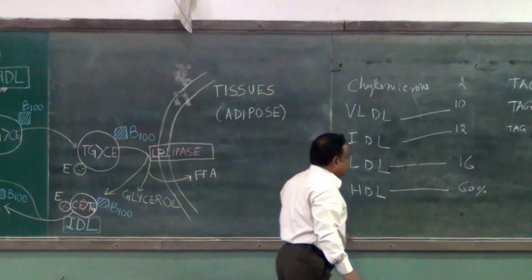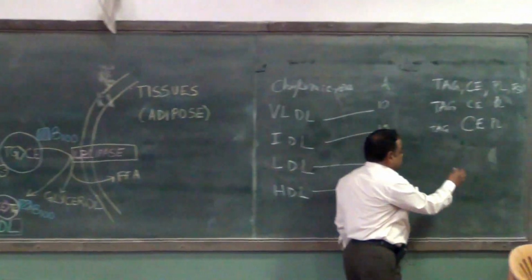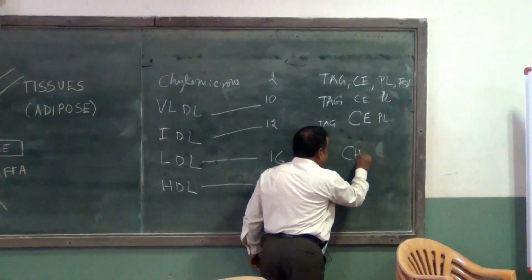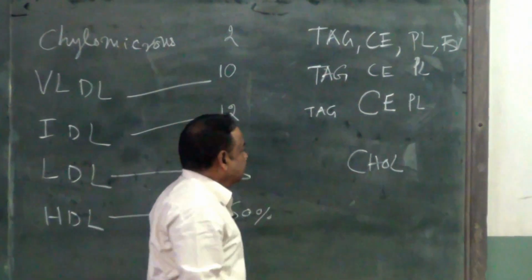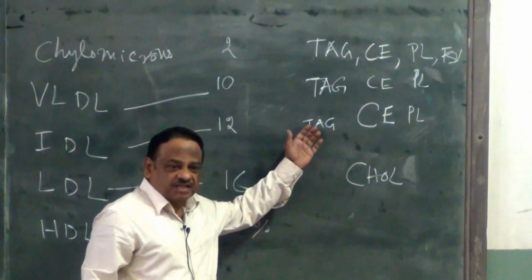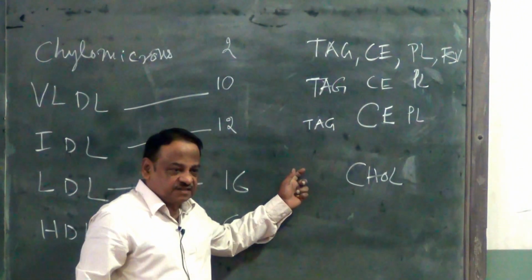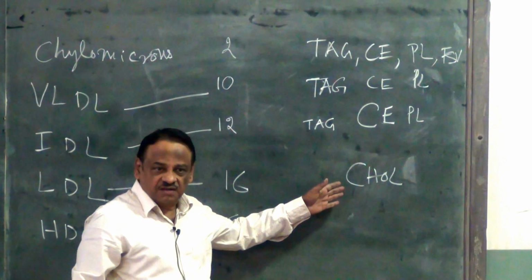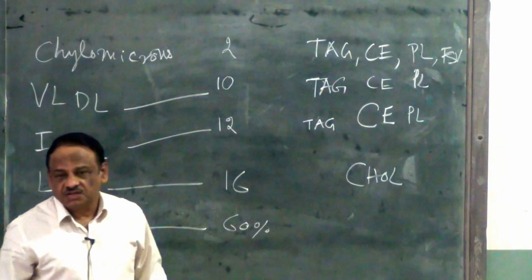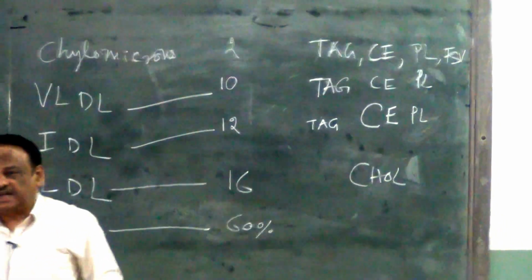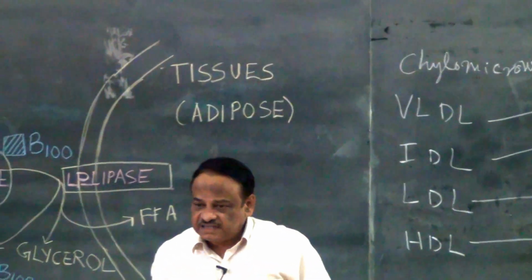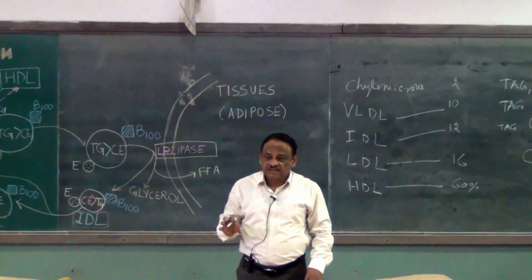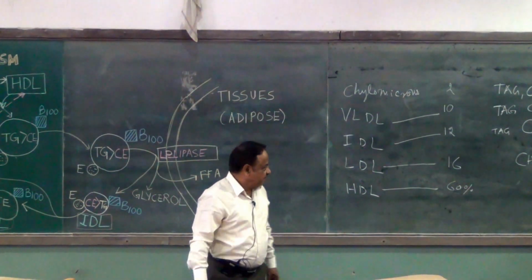Now LDL, as you near the formation of LDL, it will be more of cholesterol, and there will be as good as no TAG left. So the main carrier of cholesterol is LDL. So the major lipid content of LDL is cholesterol. So it is a cholesterol-rich lipoprotein, LDL.